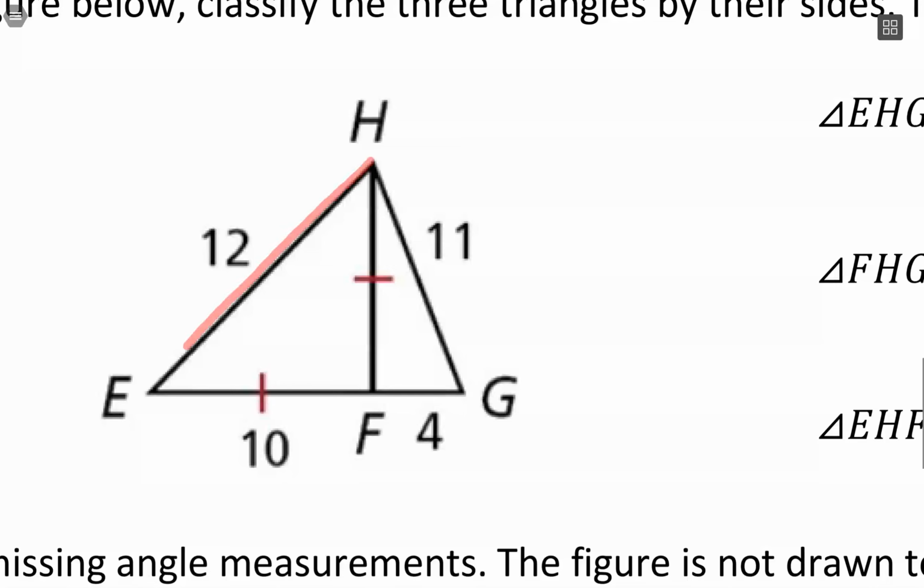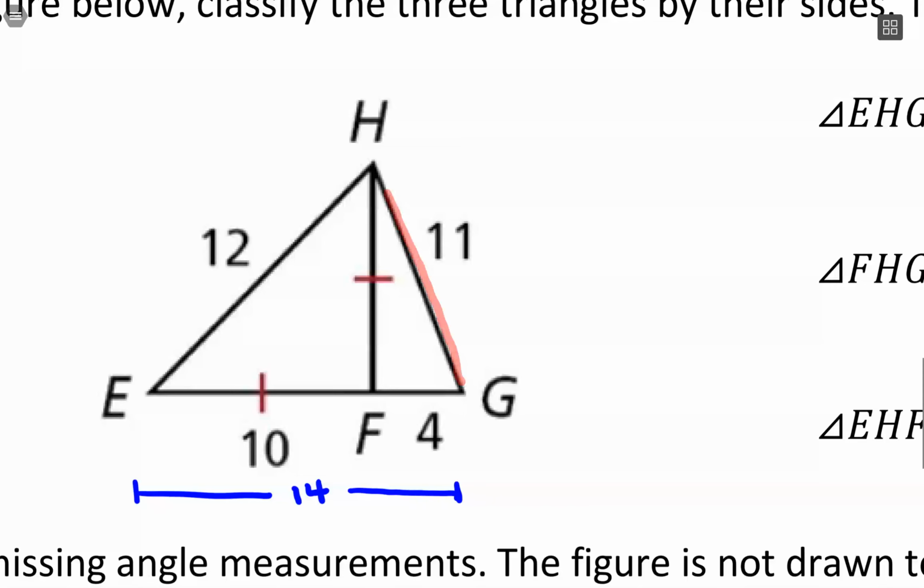So we can see this side length of 12 here, and we have this side length of 10, this side length of 4. Something we could fill in is that this implies we have this long side length here that measures a total of 14. Basically, by taking line segment E to F and line segment F to G, you would just add those up.